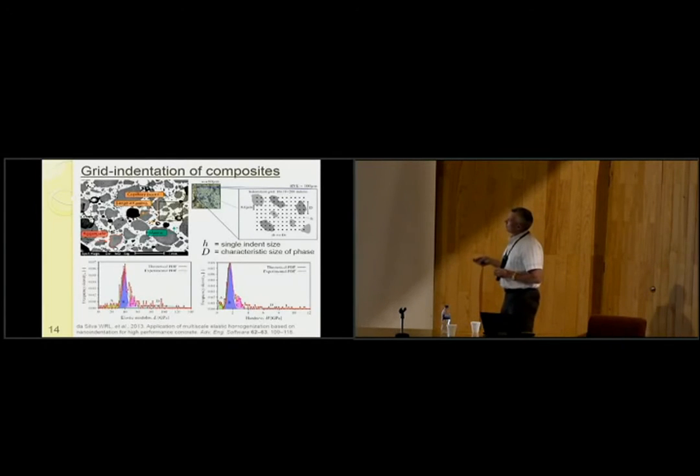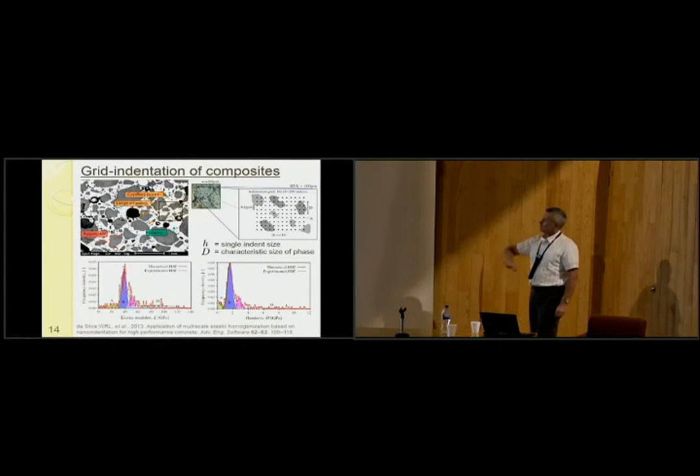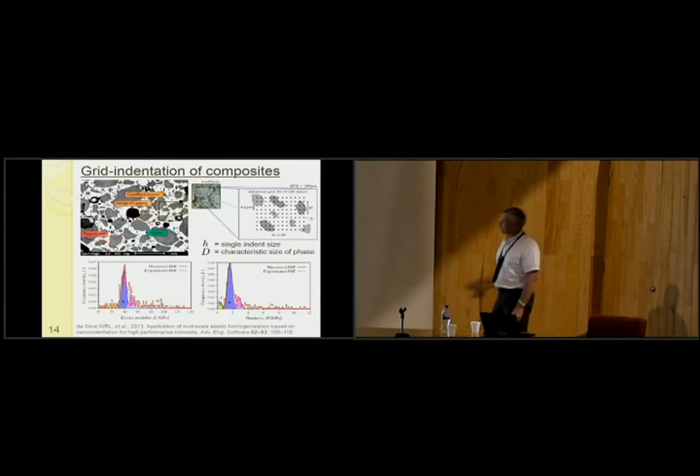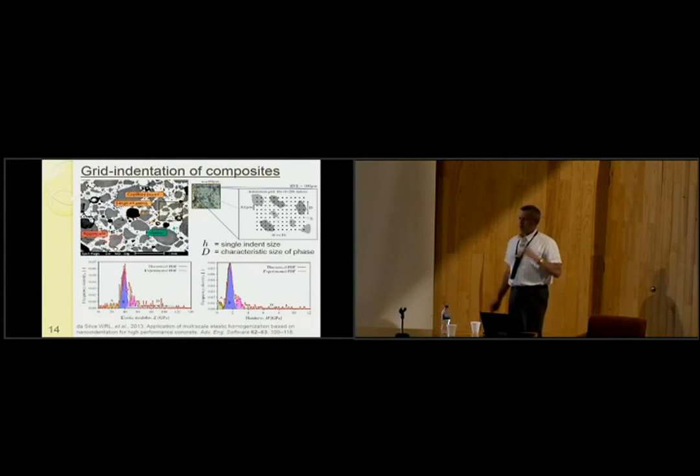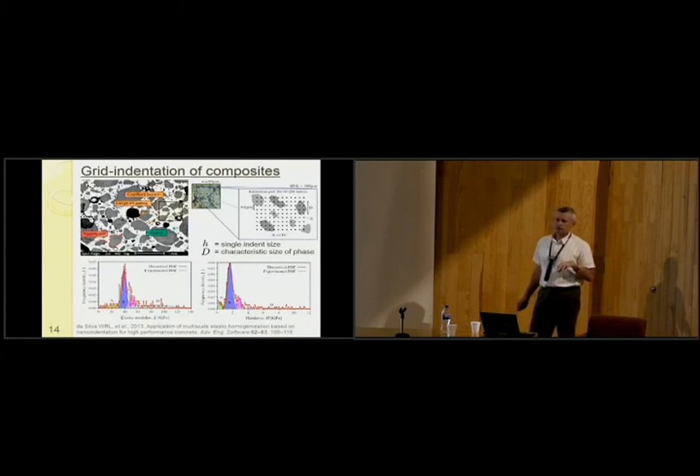So, this photograph shows the surface of some composite material. And actually, for the simplicity, we will talk about matrix and inclusions. If we are interested in properties at the nanoscale, we can measure these properties using atomic microscope indentation technique.